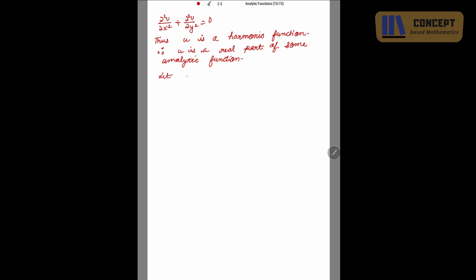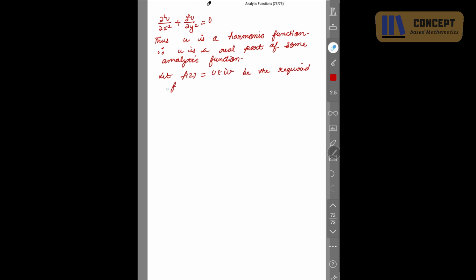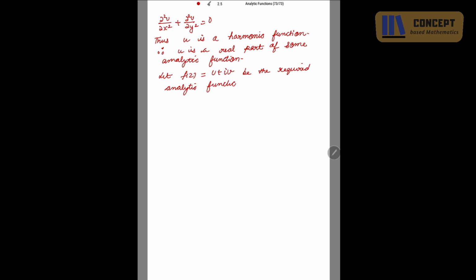Now let f(z) equal to u plus iota v be the required analytic function, where v is a harmonic conjugate of u.